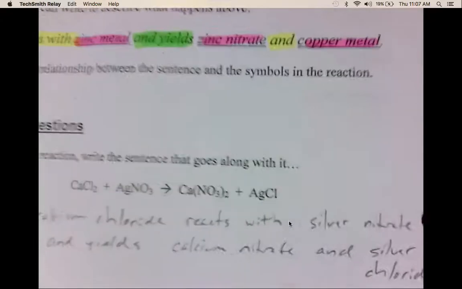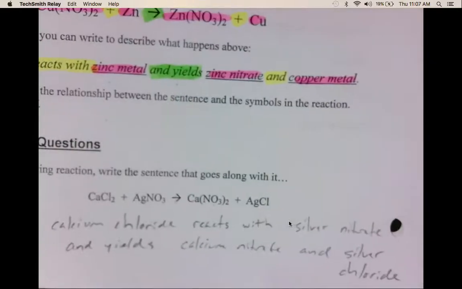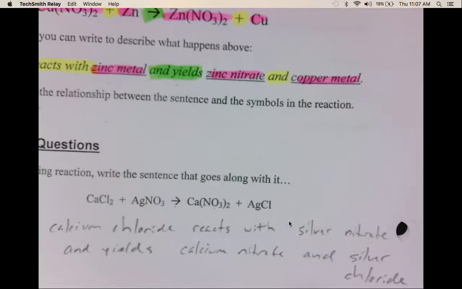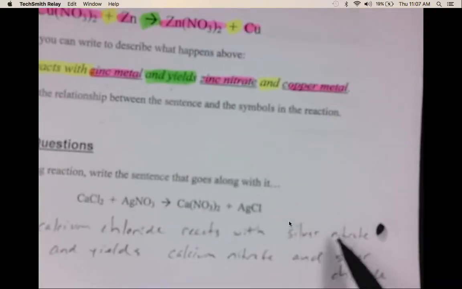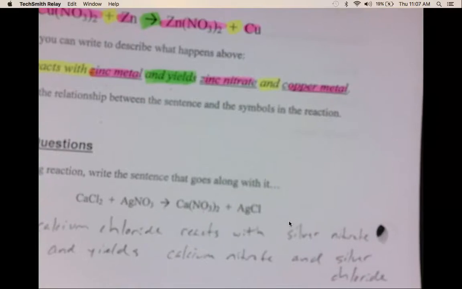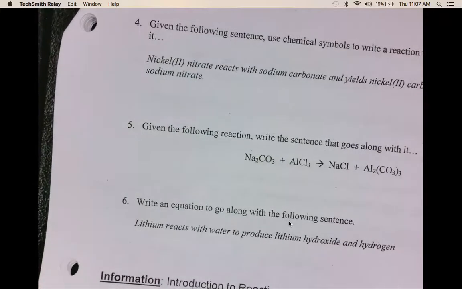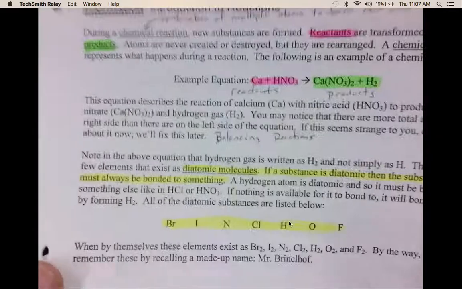So if I make it fit, we have calcium chloride reacts with silver nitrate and yields calcium nitrate and silver chloride. Remember that we use nitrate because it is a polyatomic ion. So next, 4, 5, and 6 are all similar. Use the words to go to the symbols, or use the symbols and go to the sentence.